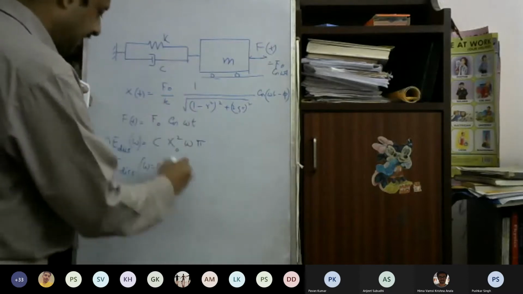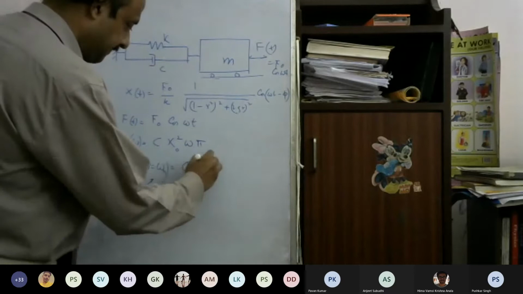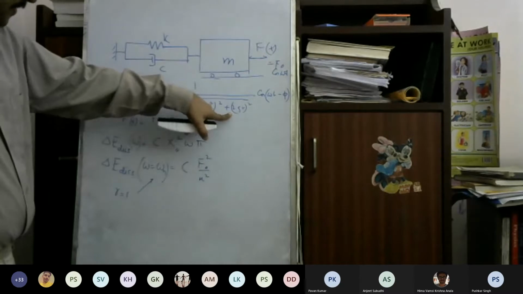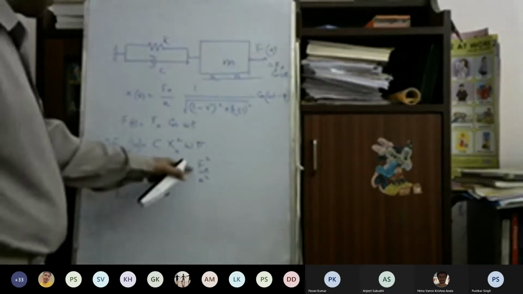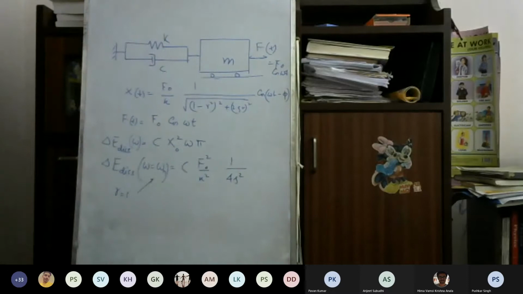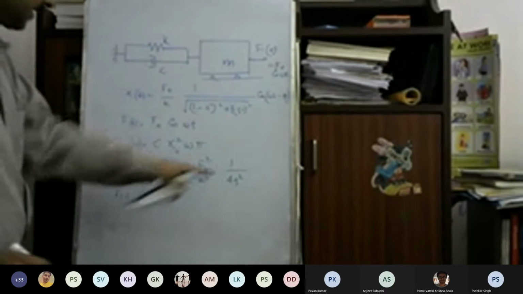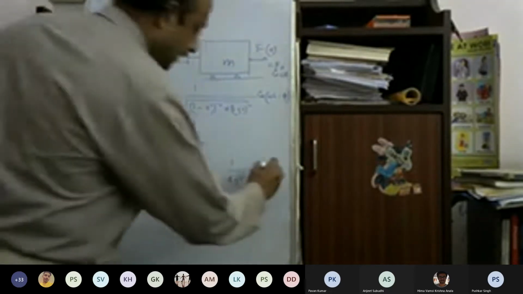So at R equal to 1, the energy dissipation will be C x naught square, which is equal to F naught square by K square times 1 by 2 zeta R, squared. So x naught square gives 1 by 4 zeta square, because I have to take the square of this part, with R equal to 1, that is omega equal to omega n, times pi.